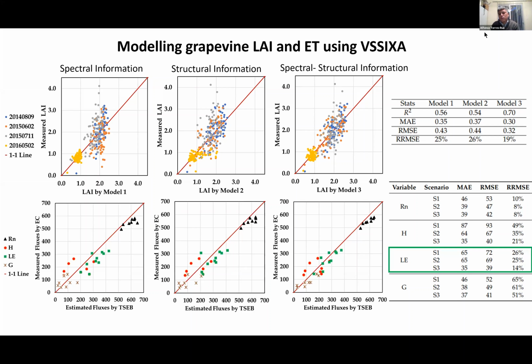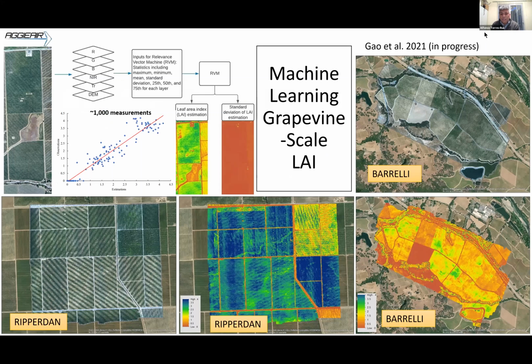This is work that we're doing these days, and we will continue next year. We are tapping the large archive of LAI ground measurements by the GrapeX project, and we are applying a machine learning approach, a very intense, rigorous approach, to estimate LAI across the different locations where GrapeX was collecting information.